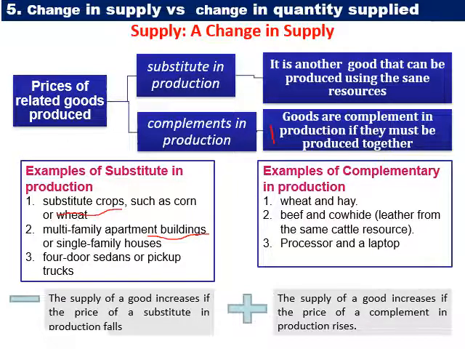So, a higher price of the complementary good means that producers will increase the supply of this good, and of course, the production of the other good will increase as well. For example, if the price of beef increases, then producers will produce more beef, which means that the production of cowhide will increase as well. So here we have a positive relationship between the supply of the good and the price of the complementary.